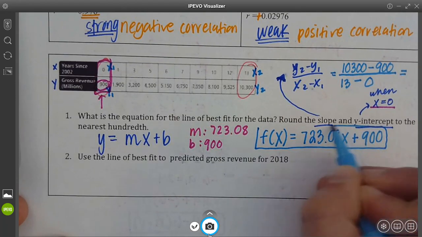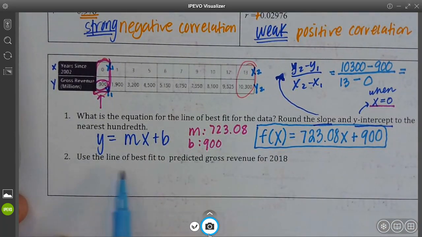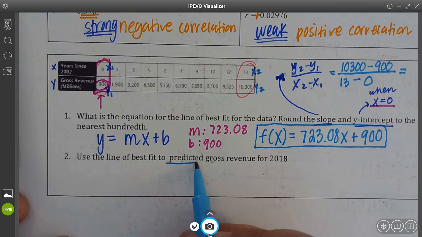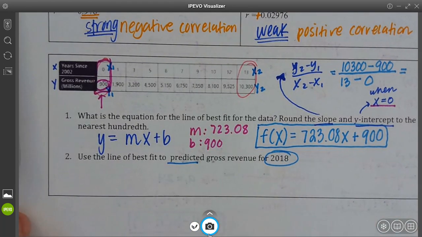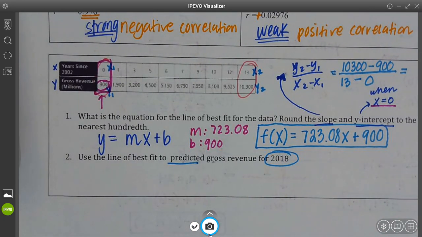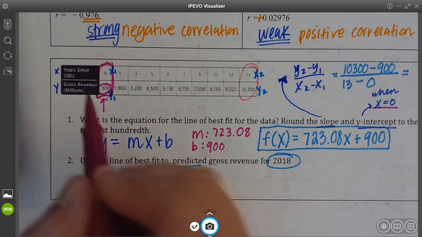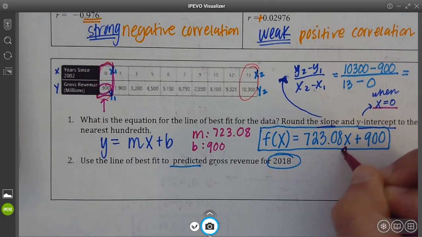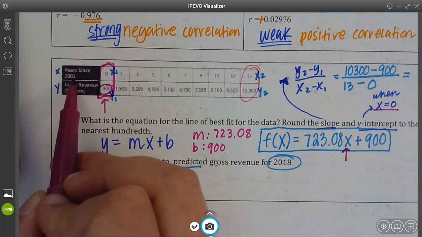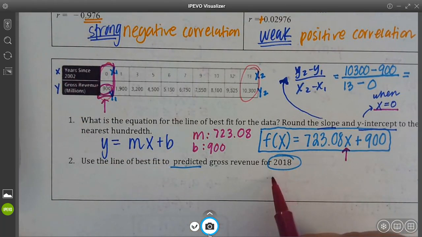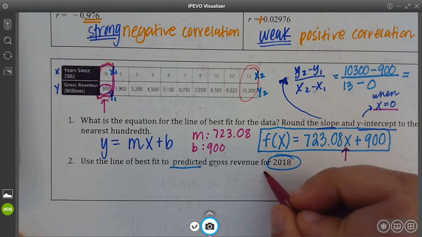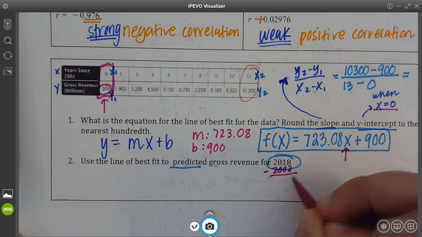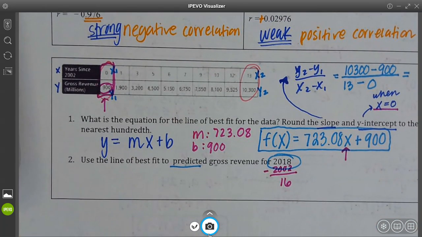The reason why we like to have a line of best fit is because we can make predictions about the future. I guess 2018 is not the future, but back in the day it was. We want to use our line of best fit to predict gross revenue for 2018. This x represents the years since 2002. To find how many years have passed, we can do 2018 minus 2002, which gives us 16.